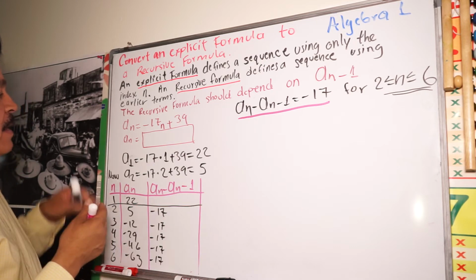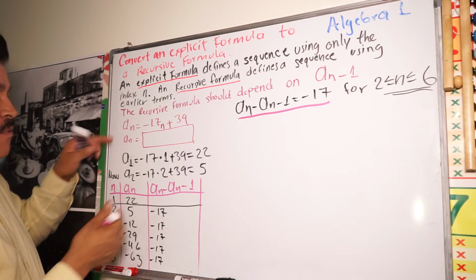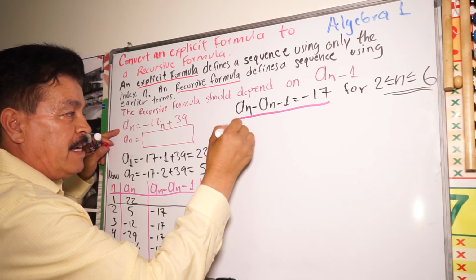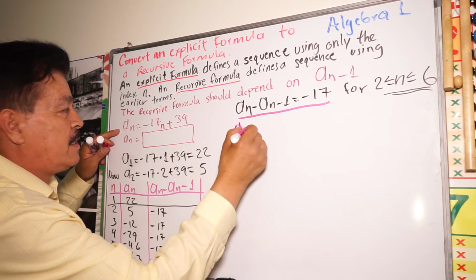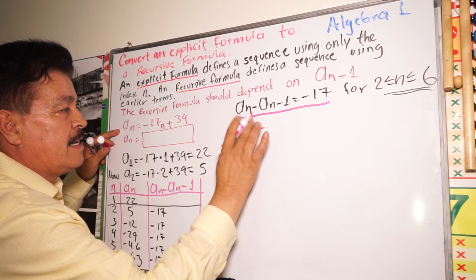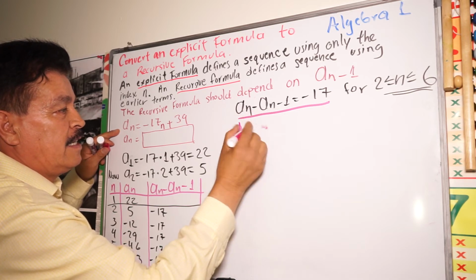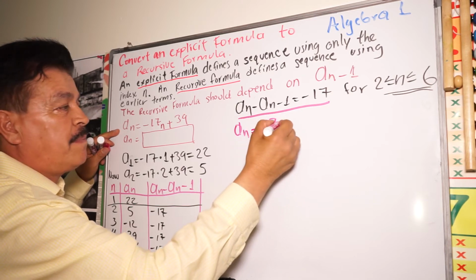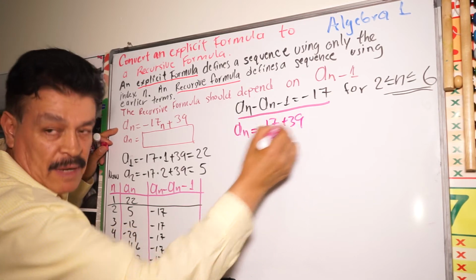So what is the explicit formula? The explicit formula is this one: a_n equals negative 17n plus 39, right?